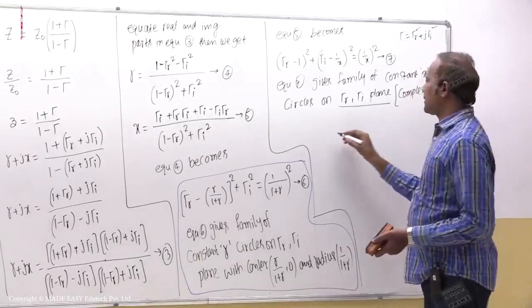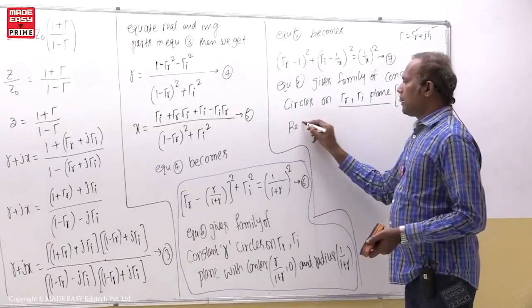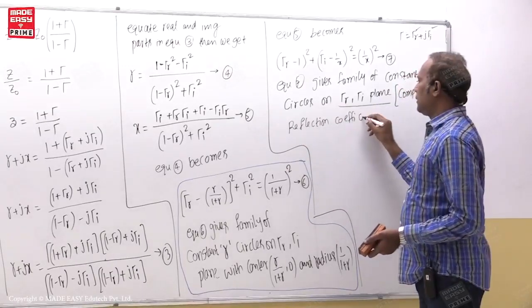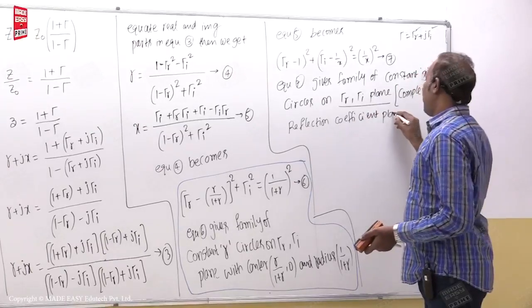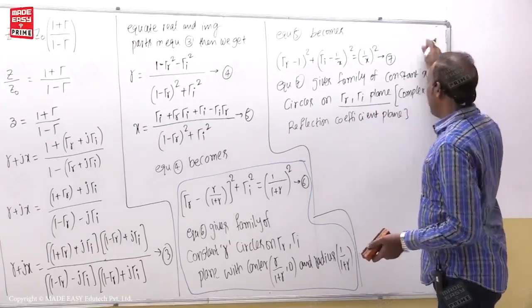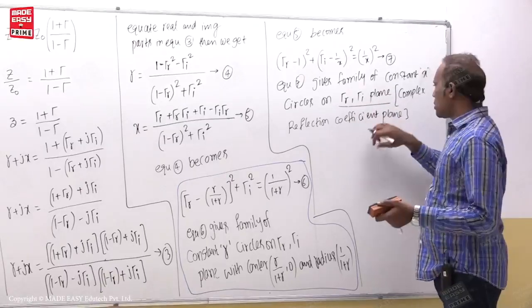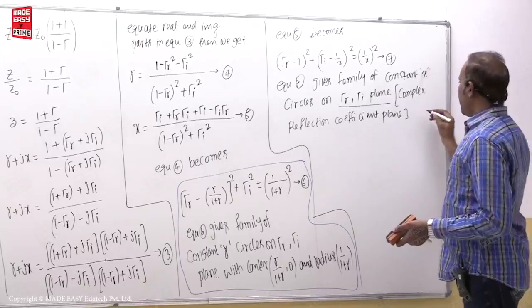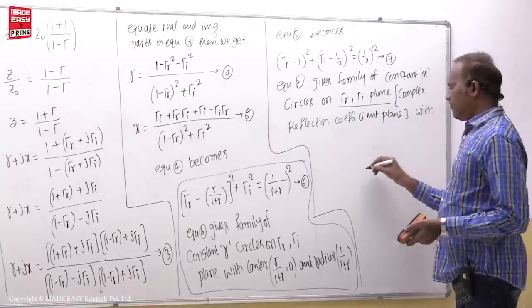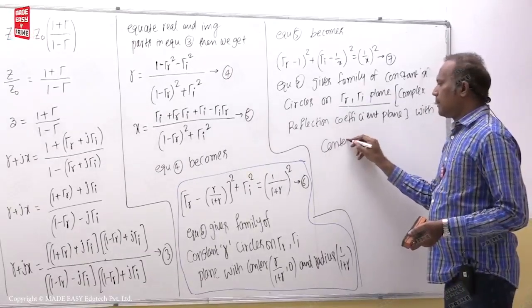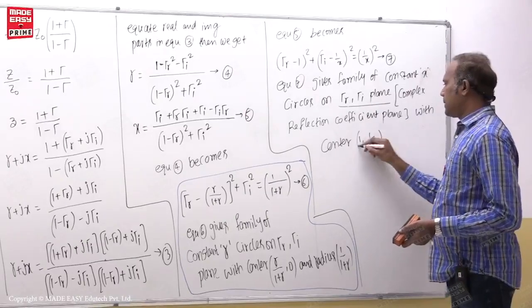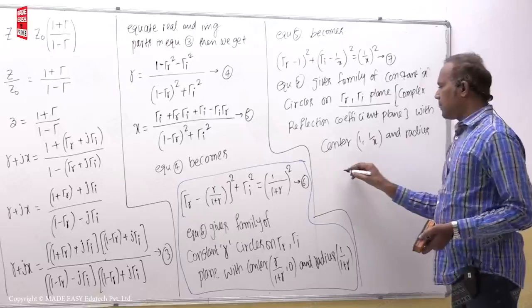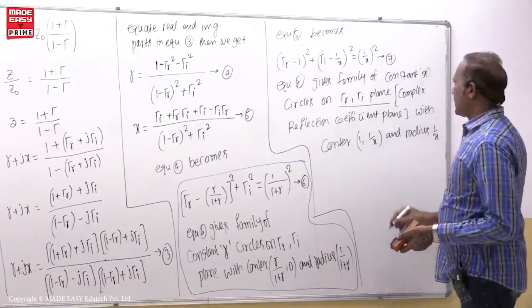It is called the complex reflection coefficient plane, with center 1 comma 1 by x and radius 1 by x.